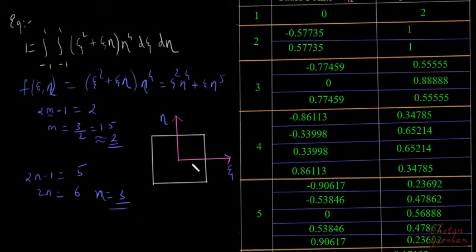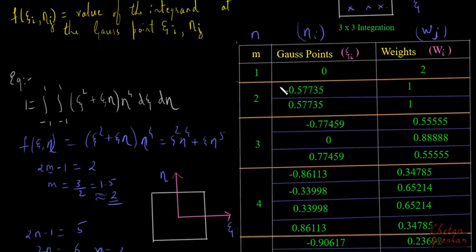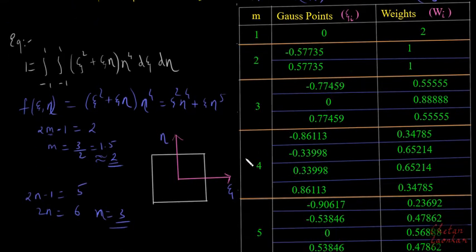So if I require only 2 Gauss points in xi direction, it will be nothing but minus 0.57735 and plus 0.57735. By the way, just to remind you all, here this coordinate varies from minus 1 to plus 1, and this coordinate varies from minus 1 to plus 1, right? And this is 0 comma 0. That is how the natural coordinate system works.